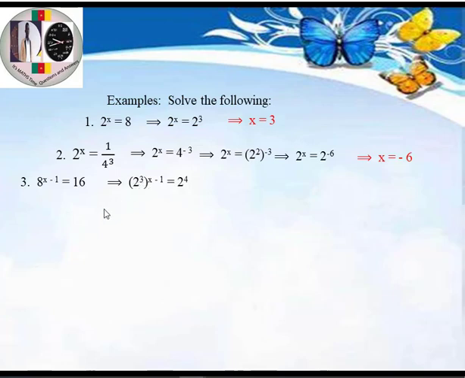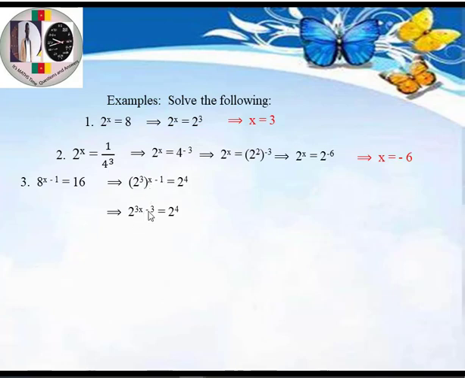So we are going to have 2 power x minus 1 times 3. And if we multiply that, we are going to have 3x minus 3 equals 24. Because 3 times x is 3x and 3 times minus 1 is minus 3. We are multiplying everything, x minus 1 times 3, not just x alone, right?